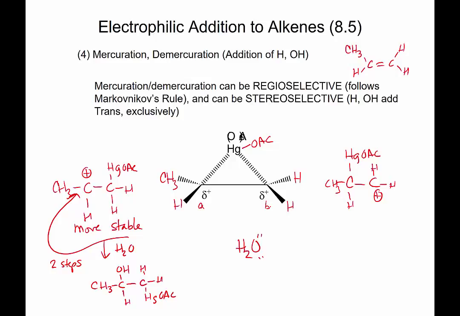But I've got a weak nucleophile that can only do SN1. What dictates the rules in SN1? Well, carbocation stability. In essence, the second part of this reaction is SN1. How I got there is different than SN1, but the second part of this is SN1.